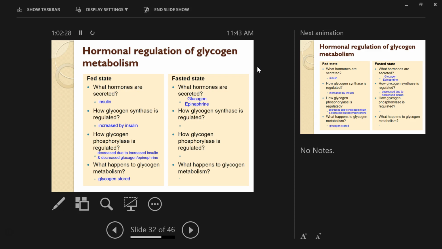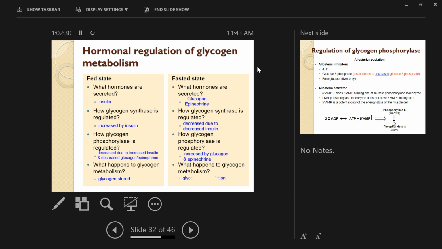So like the fed condition, I know insulin should be the main hormone that regulates glycogen pathway metabolism, and basically insulin should stimulate glycogen synthesis, right?